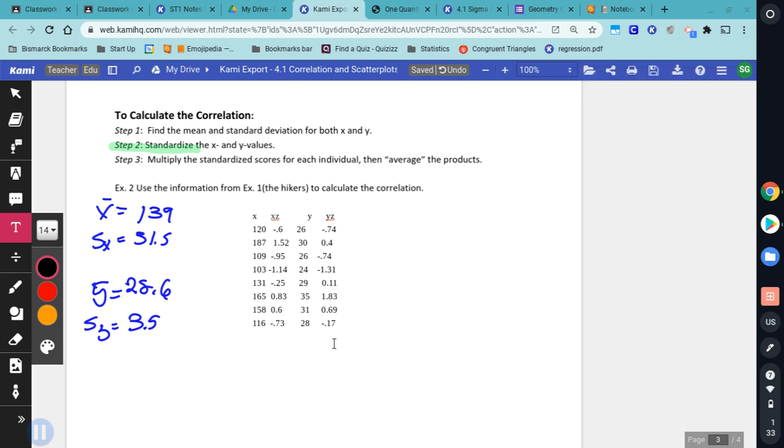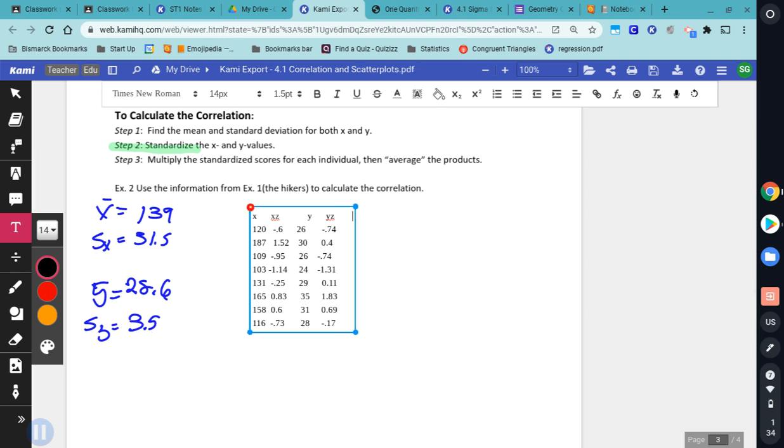Now we're going to do step 3, where we multiply the standardized scores for each individual and then average the products. So I'm going to make another column, and then it's going to be x times y. Okay, so I'm multiplying the standardized value. So here I'm taking negative 0.6 times negative 0.74 and getting 0.444. Okay. And then I'm going to take 1.52 times 0.4 and get 0.608.